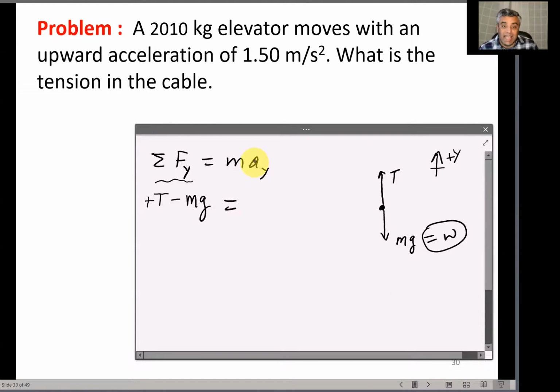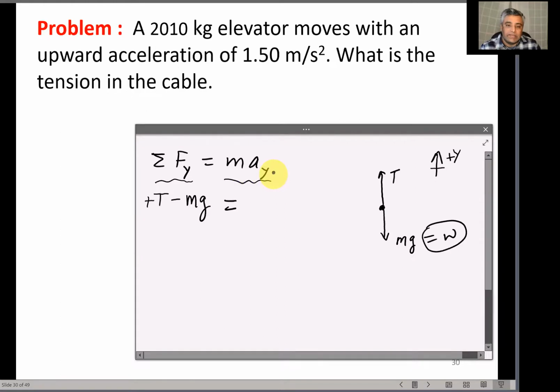Mass doesn't have direction, but acceleration does. So what is the direction of acceleration? The question says upward, right? Acceleration is not a force; to make it a force, we need to multiply it by mass. So this whole term is a force, but acceleration is not.